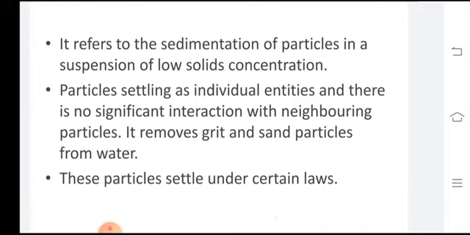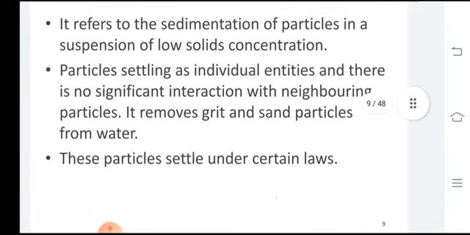It's only possible when the level of contamination is not high, the concentration of contaminants is not high, and the particles are not so closely bound to each other. So every particle is behaving in its own capacity, in its individual phase, so that its own weight is the only force which is going to help remove it from the tank, from the fluid.